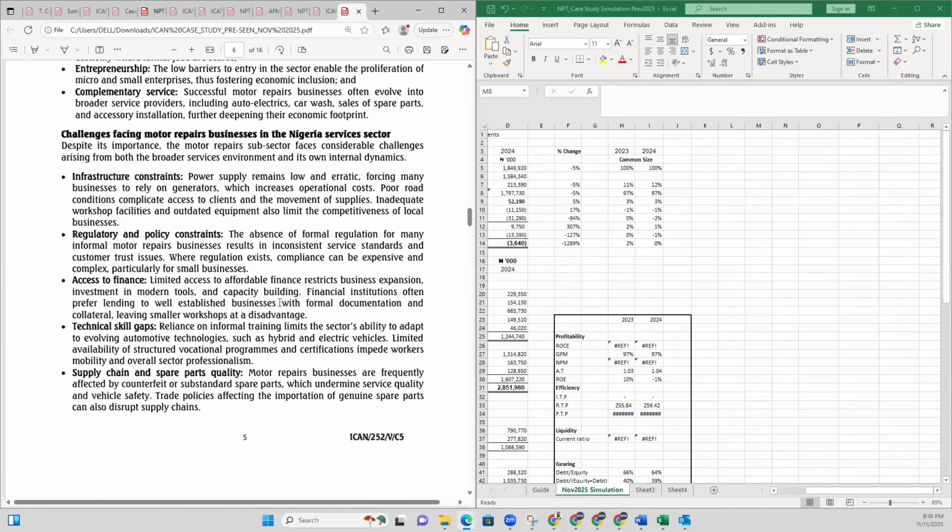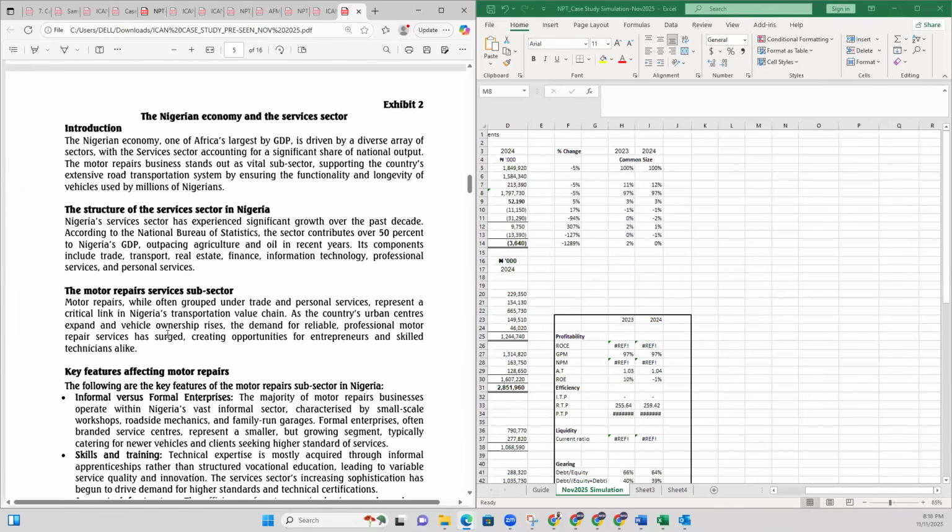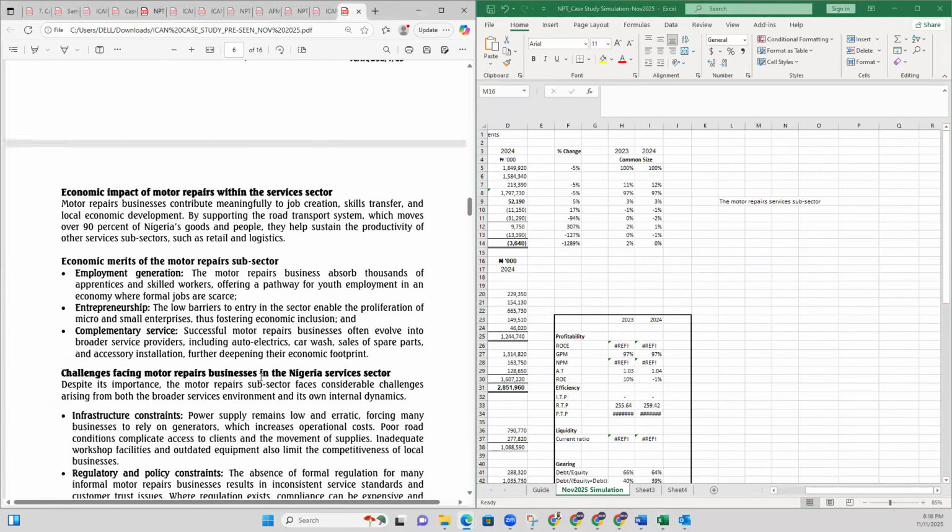What I could pick so far is we have the motor repair subsector, which we've gone through.